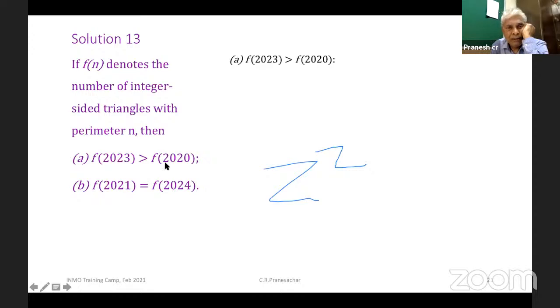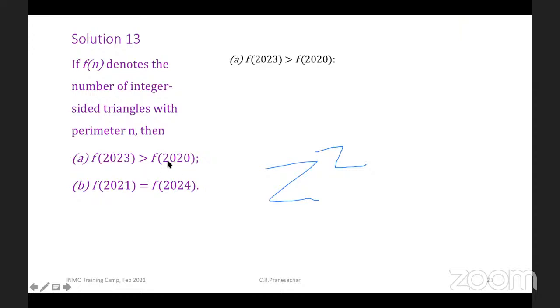Sir, 3k plus 2 and 3k plus 1 will be their form. So directly we can't reduce them to like perimeter 4 and so on.